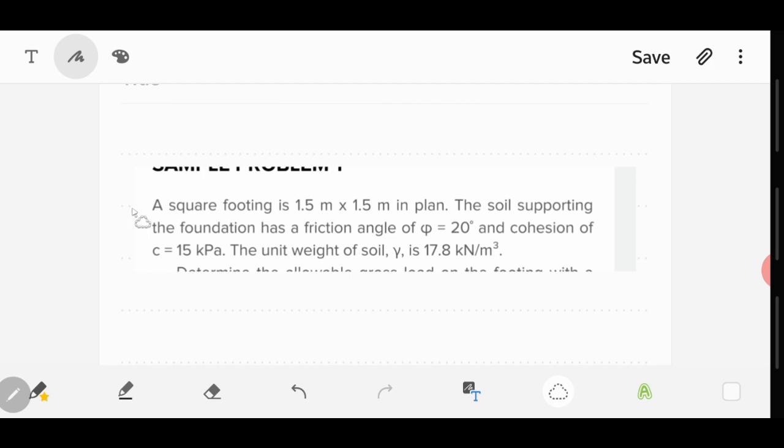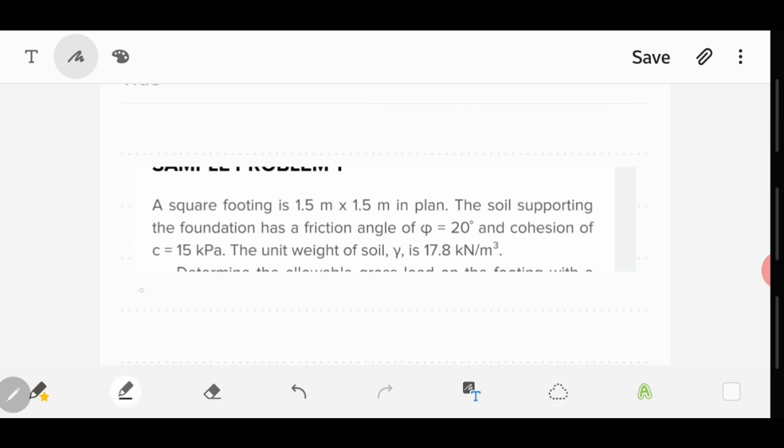A square footing that is 1.5 meter by 1.5 meter in plan. The soil supporting the foundation has a friction angle of phi equal to 20 degrees and a cohesion of c equal to 15 kilopascal. The unit weight of soil gamma is 17.8 kilonewton per meter cube.